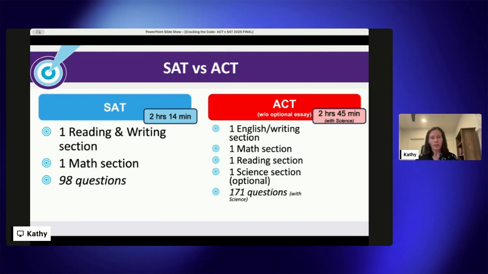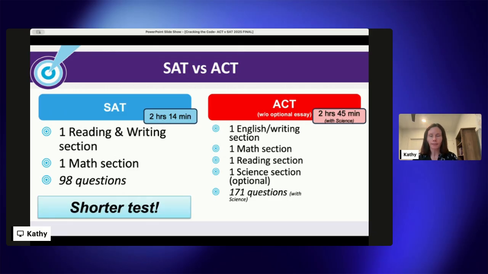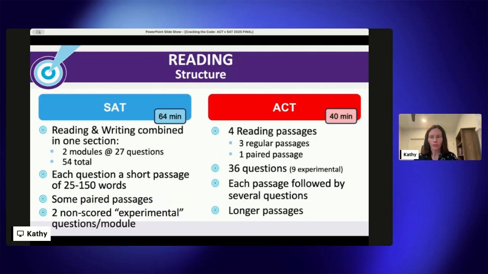If you don't take it with science, that will be reduced to 131 questions. Timing, it's still going to be a little bit longer if you elect to take science at 2 hours and 45 minutes. But if you don't take the science, you're going to come in at just over 2 hours. So comparable in length there. The SAT is still overall a shorter test, certainly in terms of number of questions.